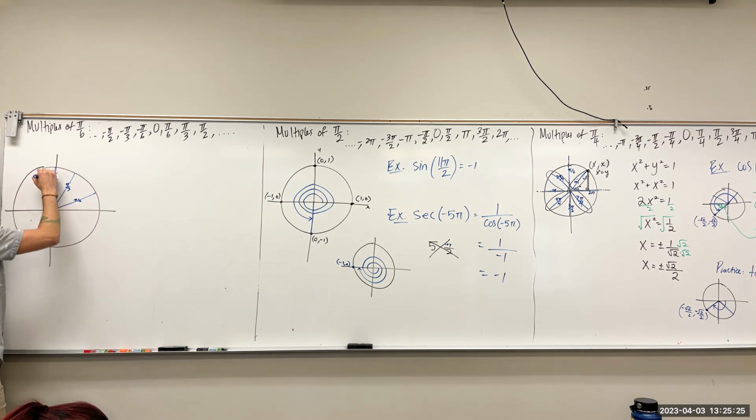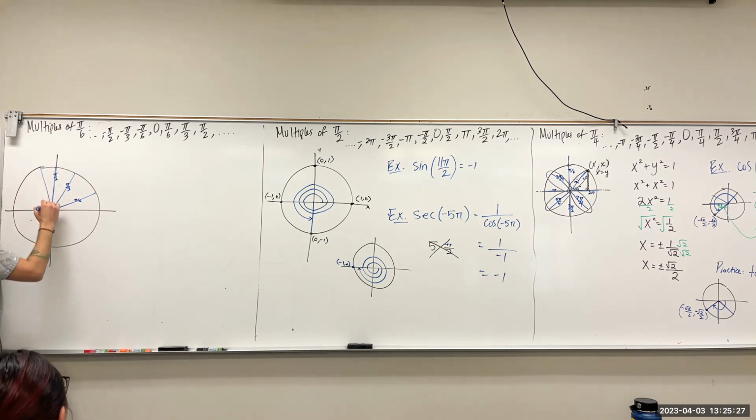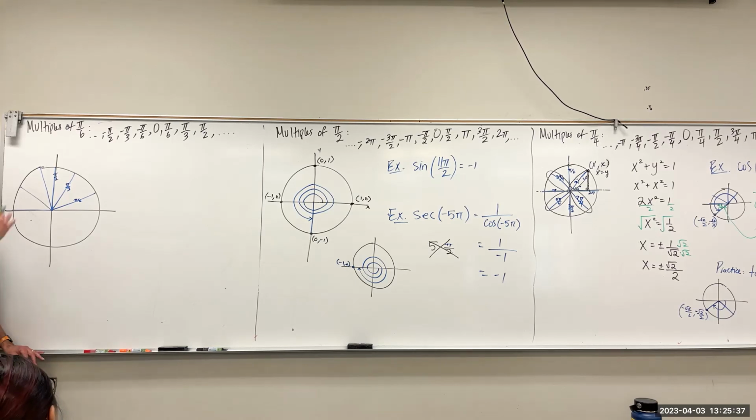And then 4 pi over 6, 5 pi over 6, 6 pi over 6. You see that? Okay. And then you just keep going. 7 pi over 6, 8 pi over 6, and so on. Okay.